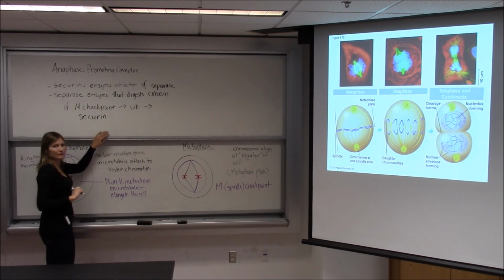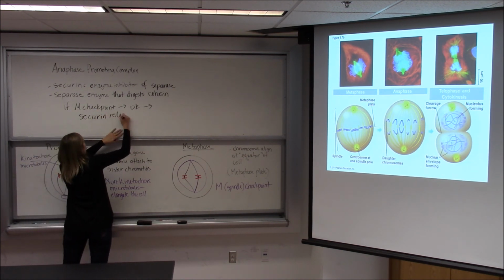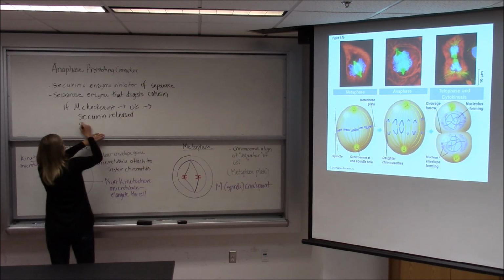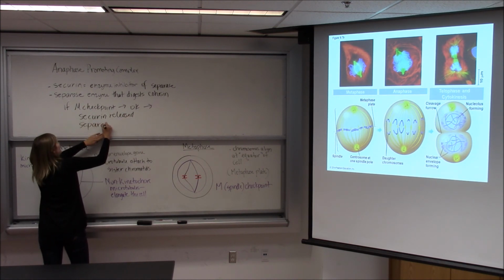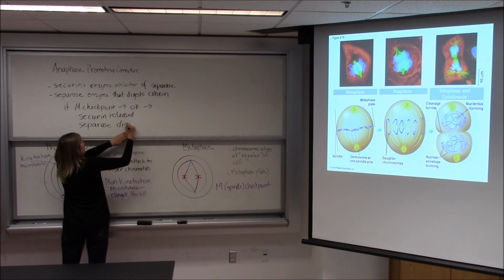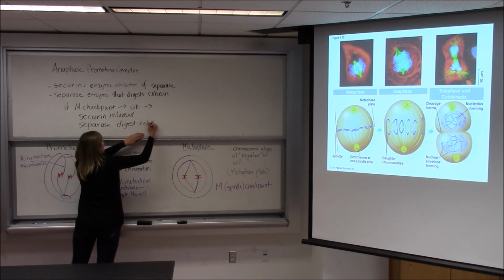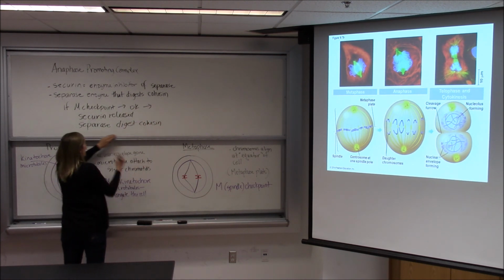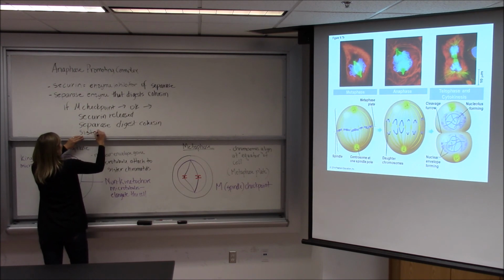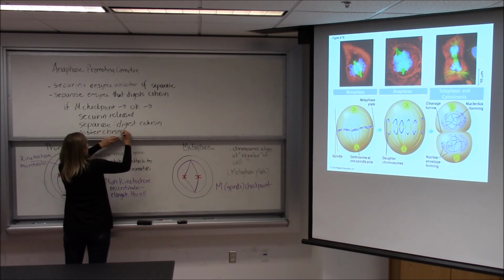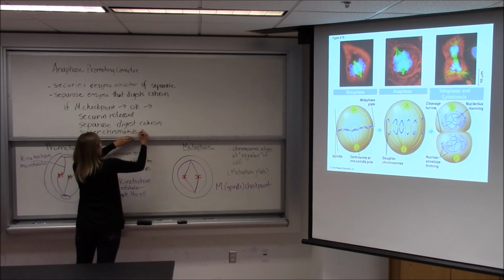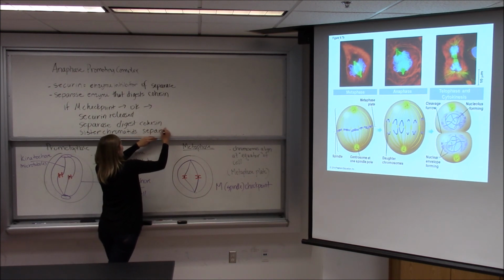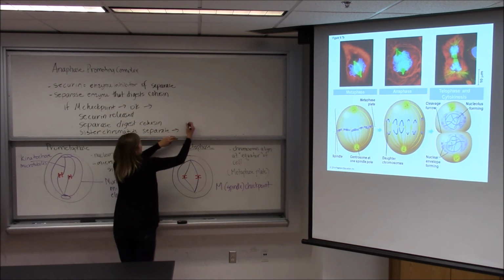Securin is released. Separase is active. Separase now digests the cohesin proteins, and sister chromatids separate. The second those sister chromatids separate, we are in anaphase.